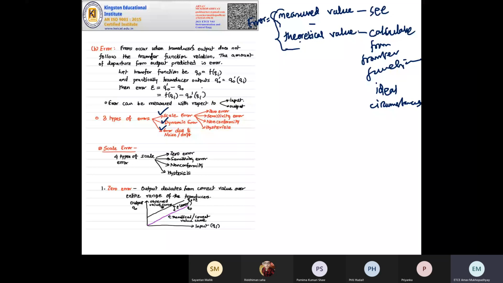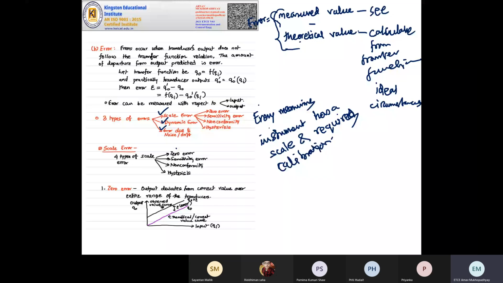Scale error means every measuring instrument has a scale and requires calibration. So if that scale is wrong, then we say that a scale error had happened.